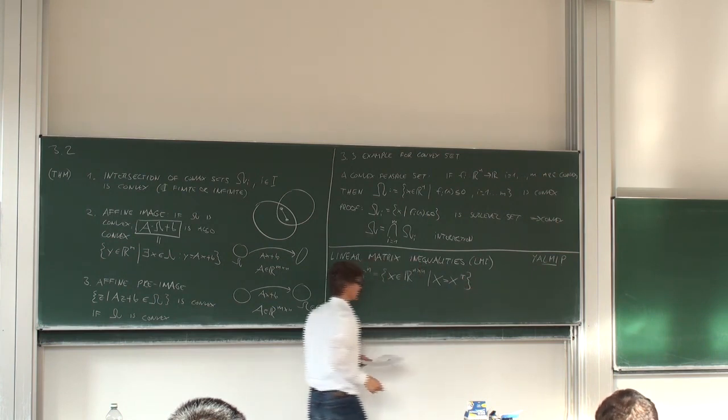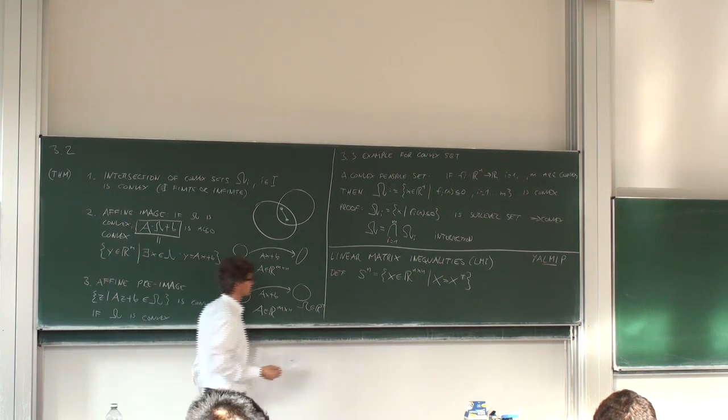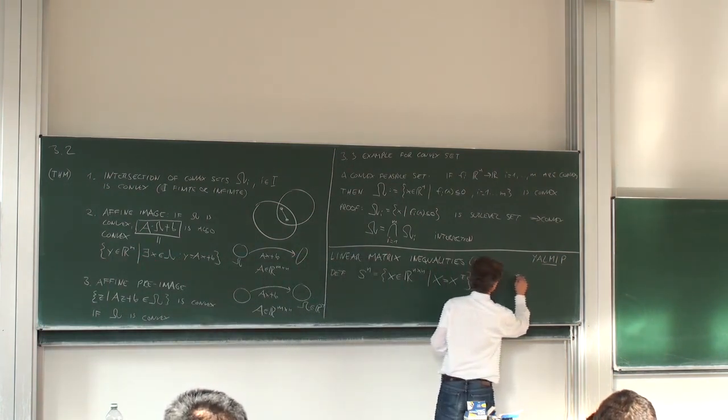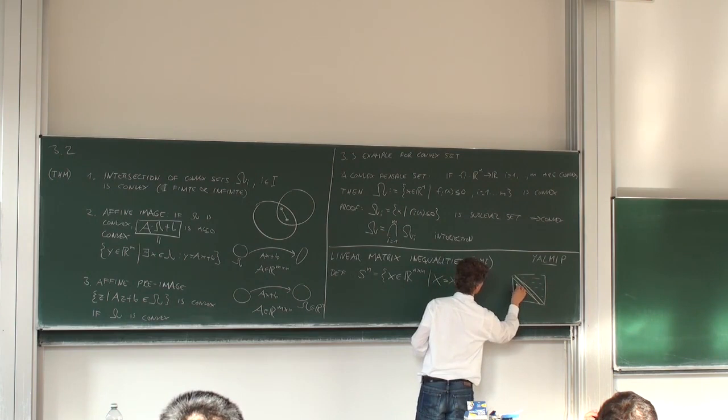X equals X transpose. Yeah? So that's an easy set, and there is an easy way to represent it. If you think of what is a symmetric matrix, it's a matrix where all the elements that really matter are on the top part and on the diagonal, and the others are the same elements.